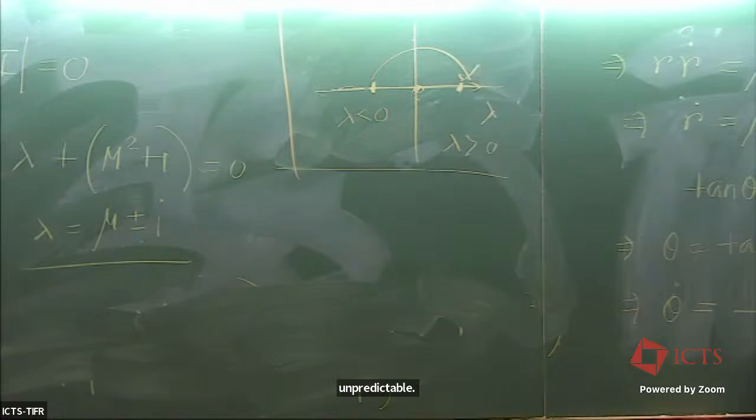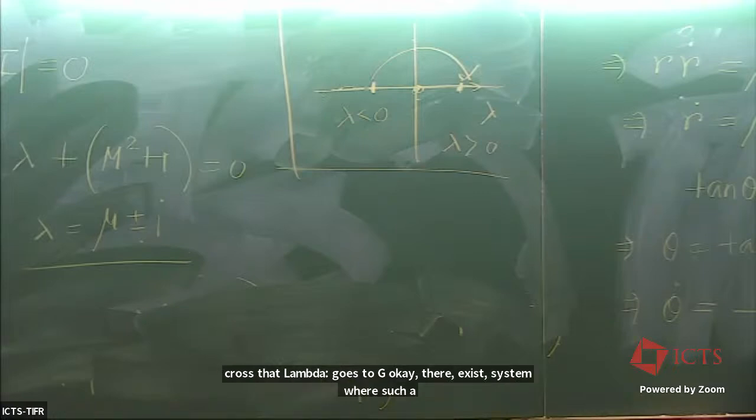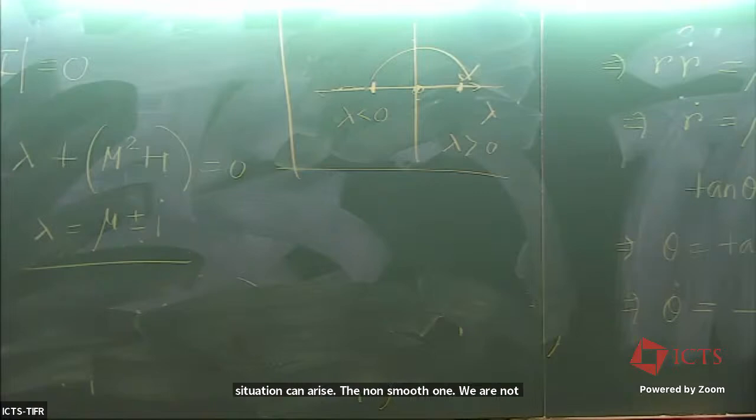So the framework we will mostly be using is that of smooth dynamical systems, where we assume that when a change of stability happens, it has to smoothly cross lambda equals 0. There exist systems where such a situation can arise, but the non-smooth ones we are not going to consider. Now let me give you one example.